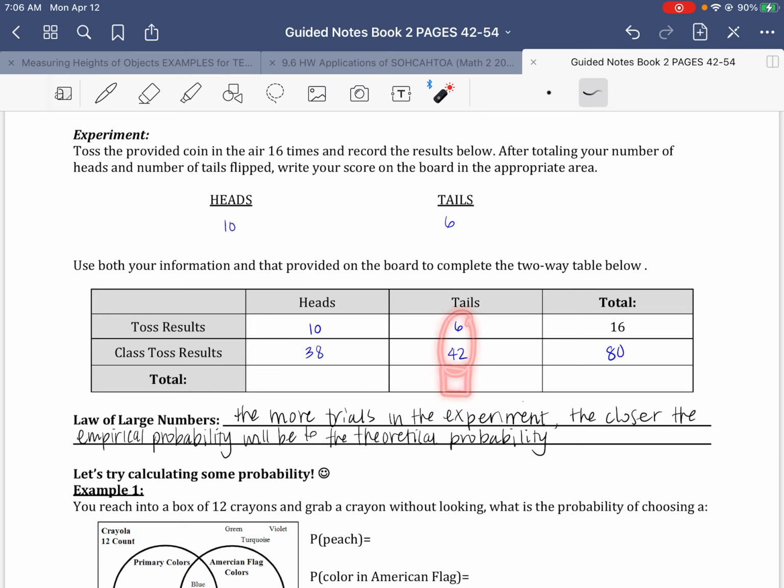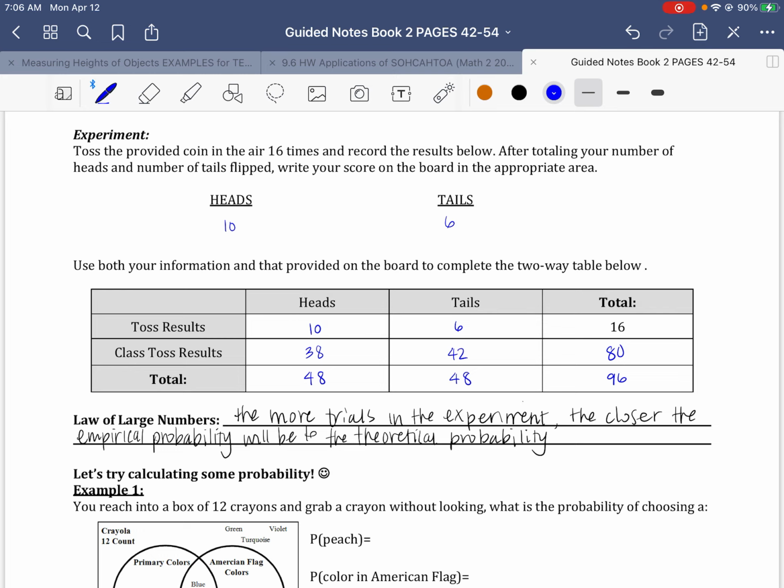So these 2 would add up to the column total. So I'm just going to go ahead and add those and fill in these totals. So in total we would have about 48 heads, and total here, oh, I just happened to get 48. That means total, including your tosses and the rest of the class, we tossed it about 96 times.